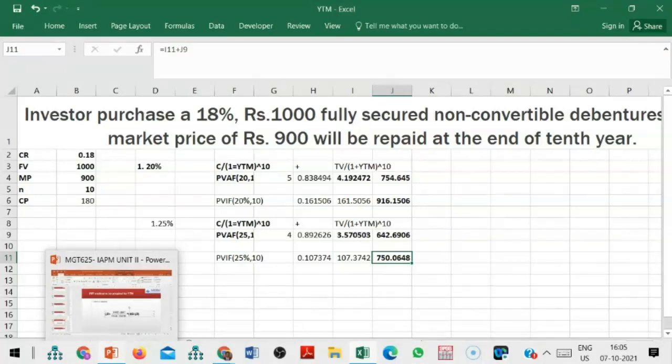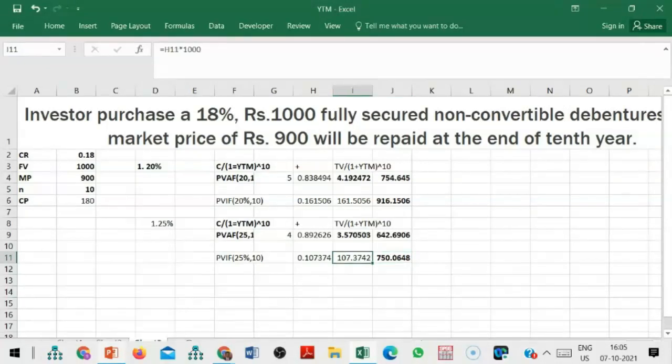It is less than the market price. So one value we have above the market price, and one value below the market price. These are the two values I have calculated. Then I need to calculate the yield to maturity.